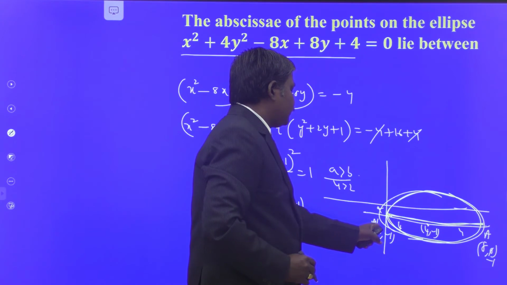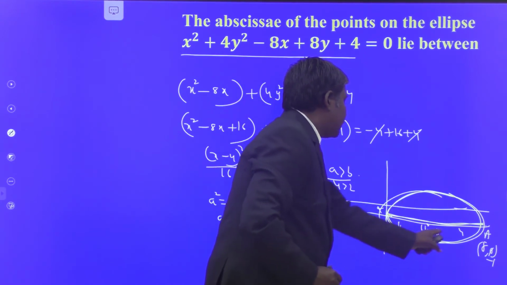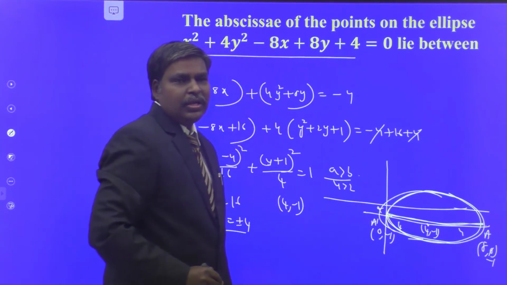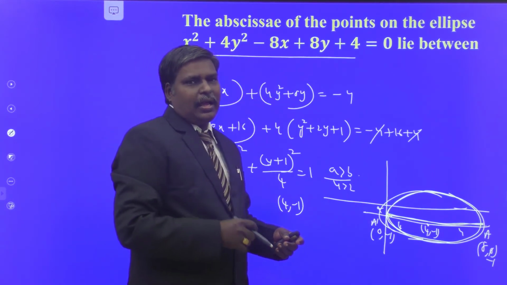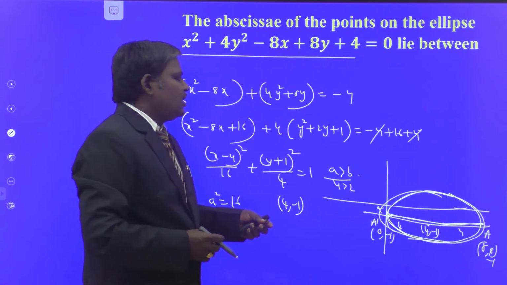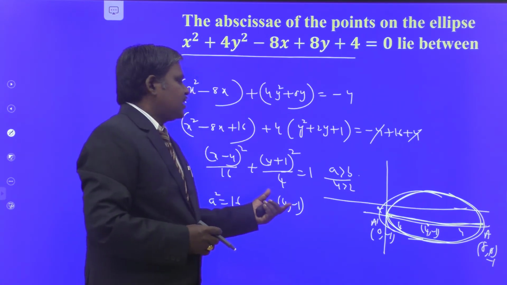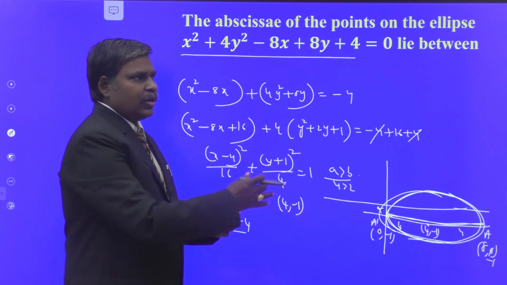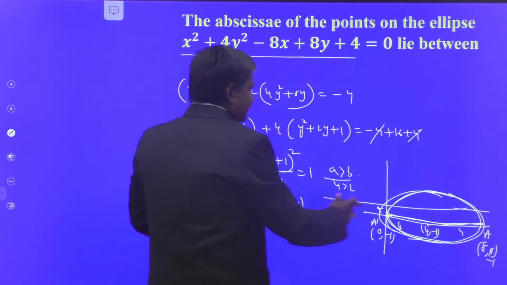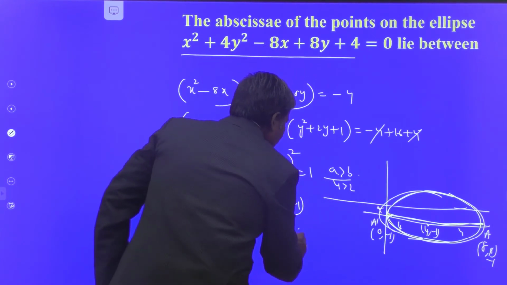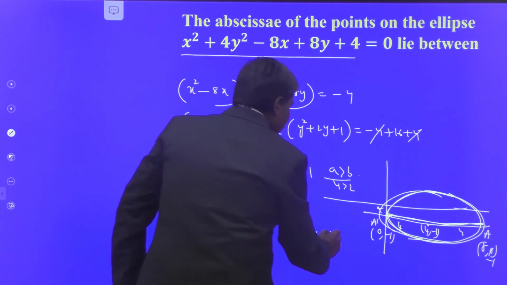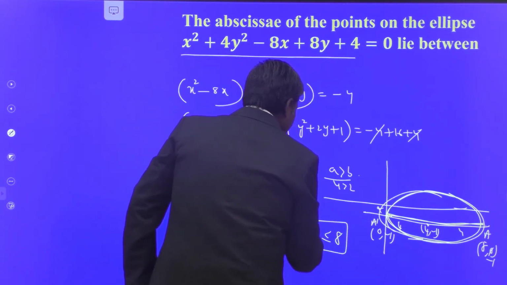The x coordinate of the points on the ellipse varies from 0 to 8. Indirectly they are asking the x coordinate of the vertices of the ellipse. So you write both of them, that is the range of your x coordinate. The range of A is what they are asking. So 0 less than or equal to x less than or equal to 8 is your answer.